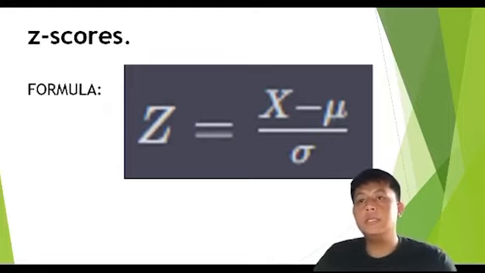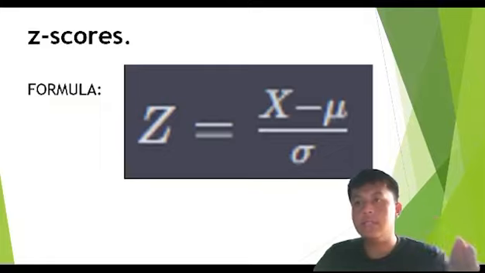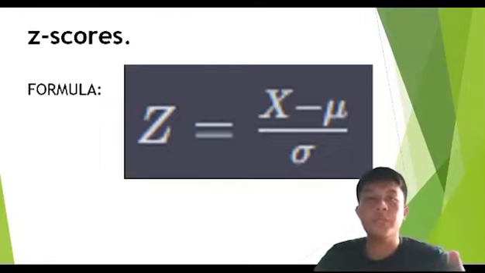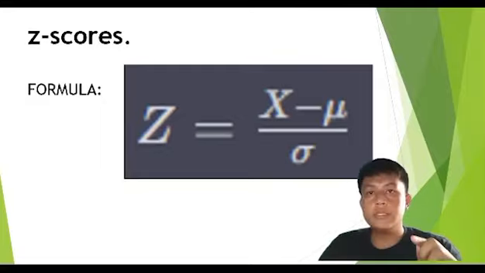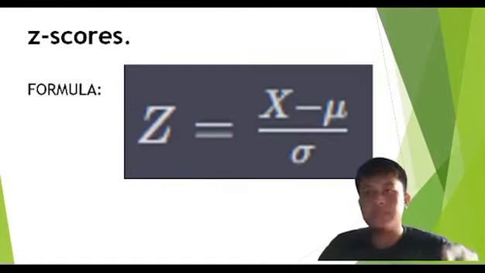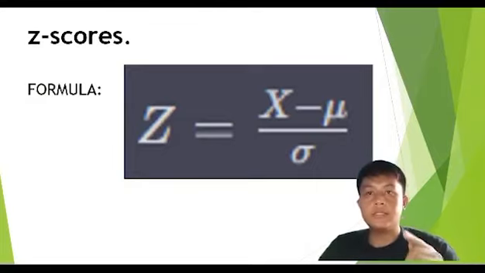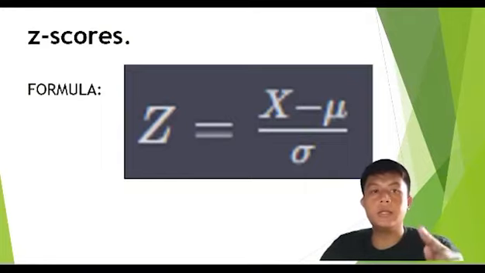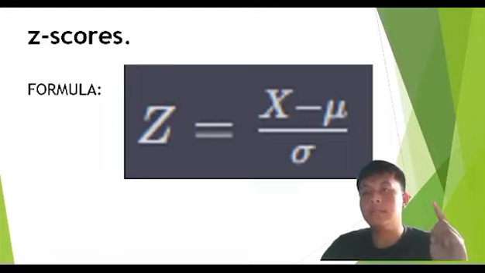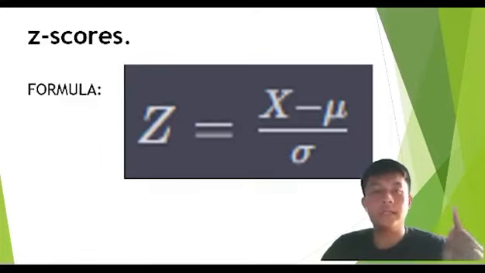Ang z stands for z-score, and x is the individual data point you want to measure, and yung minus is mu. Ang tawag dyan is mu, stands for mean of the data set, and then yung parang bilog na yan, tawag dyan is sigma, stands for standard deviation of the data set.